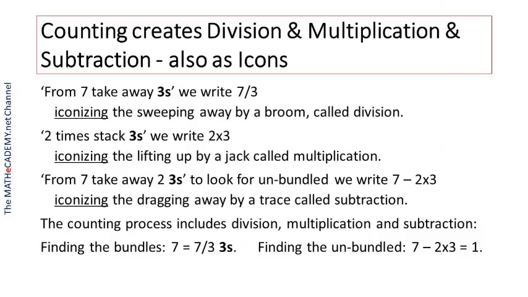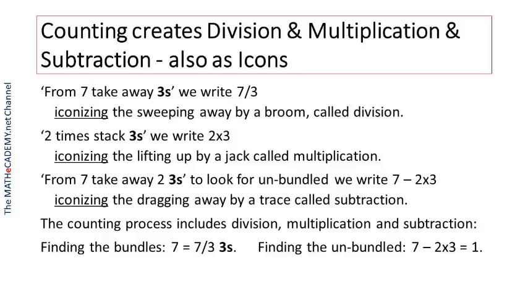Counting creates division and multiplication and subtraction, also as icons. From 7 take away 3s, we write 7 uphill stroke 3, iconizing the sweeping away by a broom, called division. 2 times stacked 3s, we write 2 cross 3, iconizing the lifting up by a jack, called multiplication.